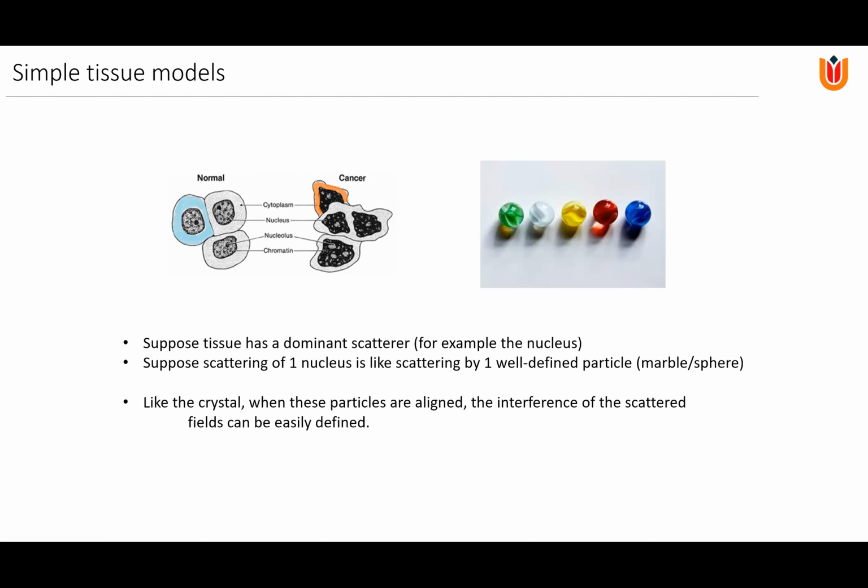Then we suppose that the scattering of one nucleus is like the scattering of one particle. That way we justify using this kind of theory. Of course, in reality, that is a huge approximation because the biological makeup of the tissue is much more complicated.